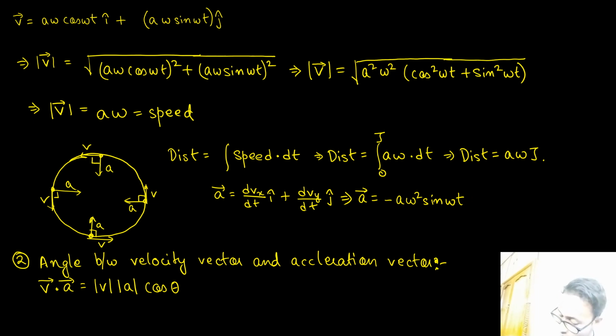This is the i component of acceleration, plus a omega square cos omega t j.